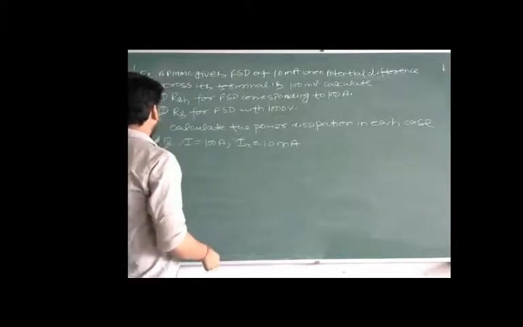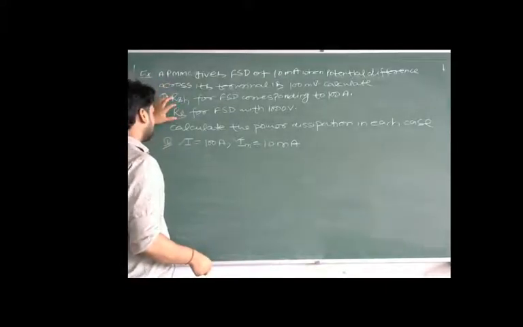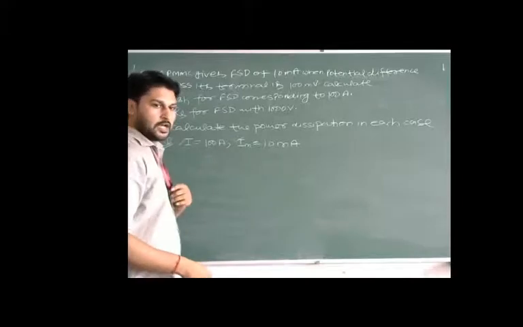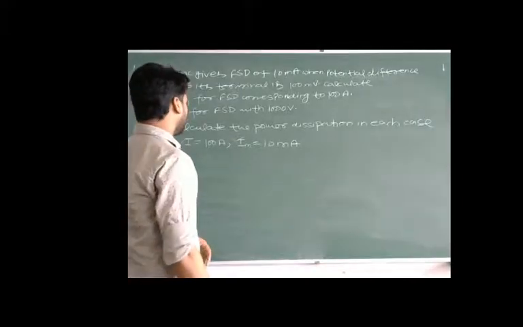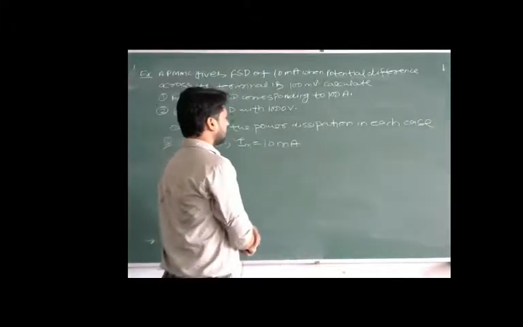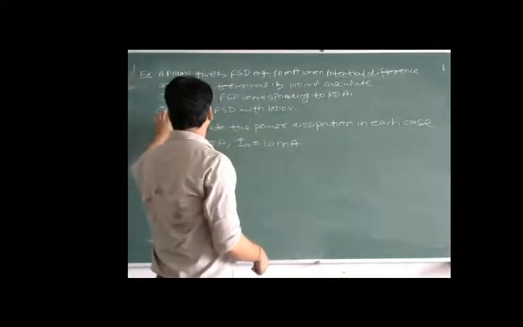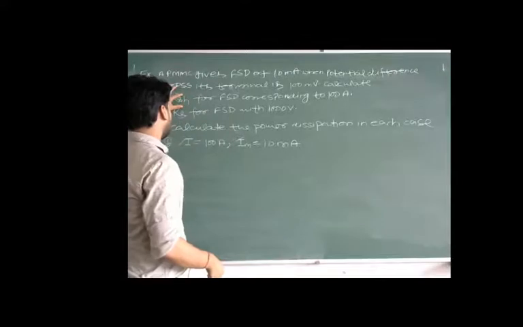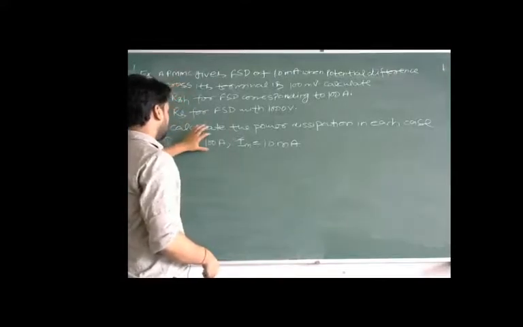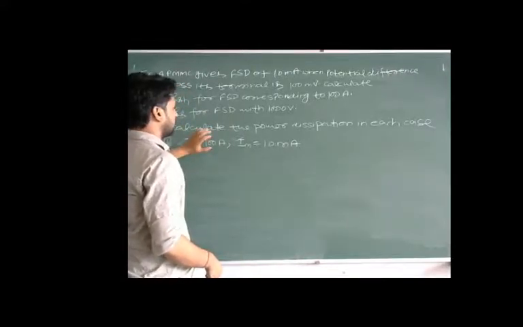We have to calculate RSH for the ammeter and RS for the voltmeter. Another piece of information is given. In the first case, the full scale deflection of the ammeter is 1000 volt.